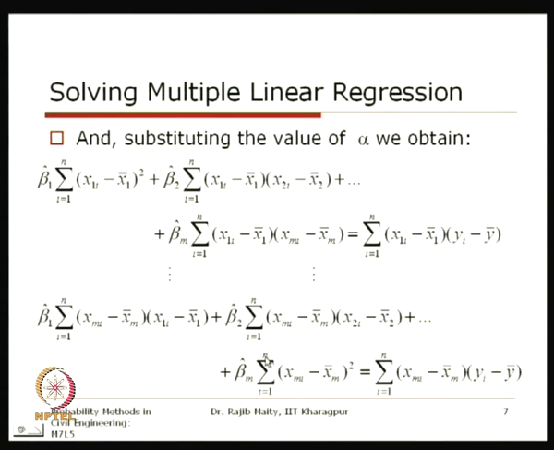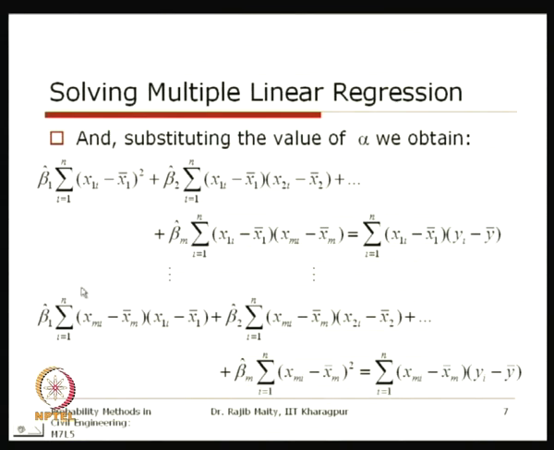Like that for the last one, which is the m-th equation, the partial derivative is taken with respect to beta m. What we saw for the first expression is here x m i minus x m bar square. This quantity is multiplied with all the other expressions on the left hand side, and on the right hand side, the term related to the target variable is also multiplied by x m i minus x m bar.